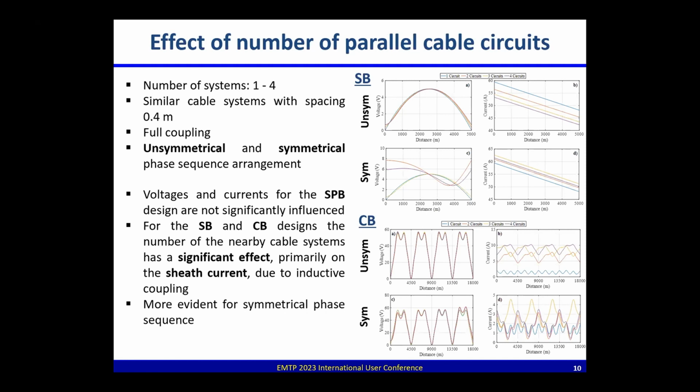Remember that cross-bonding actually is applied in order to reduce the cable losses and not for safety reasons. So if we want to be precise, we have to take into account also the additional circuits that are running in parallel with the outtake design.